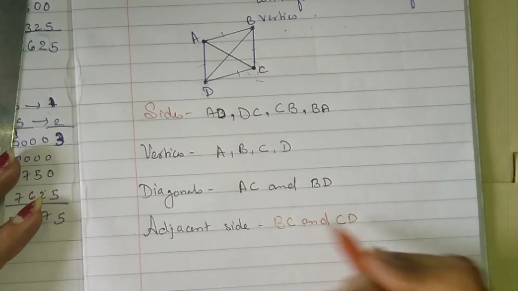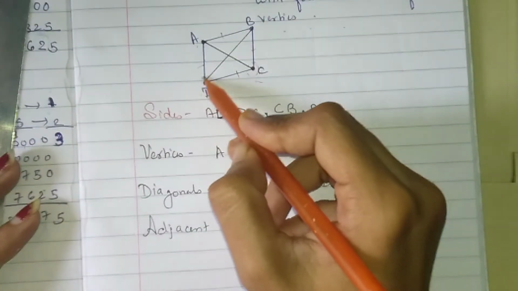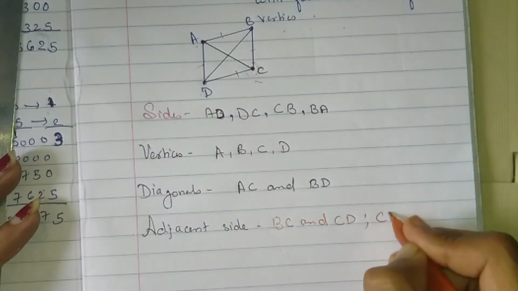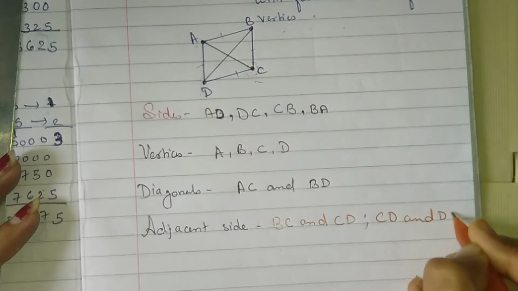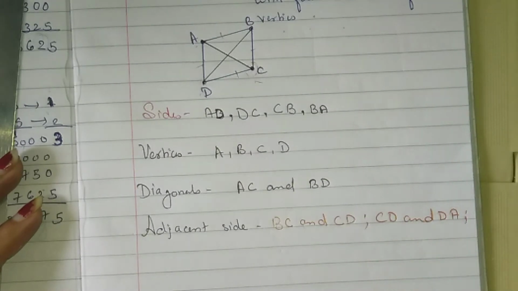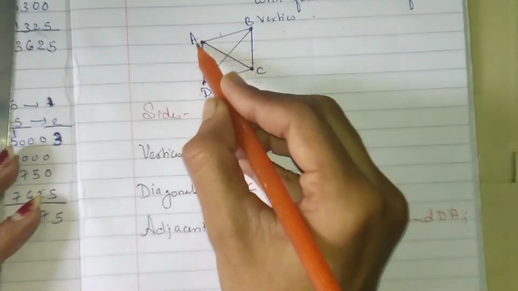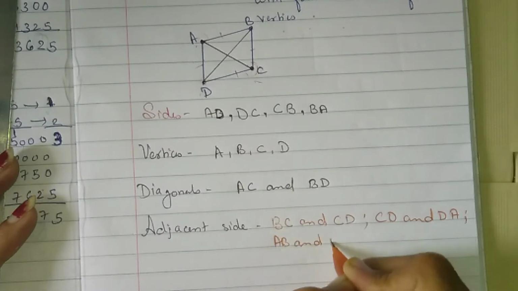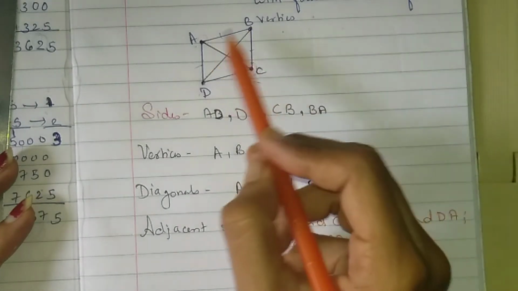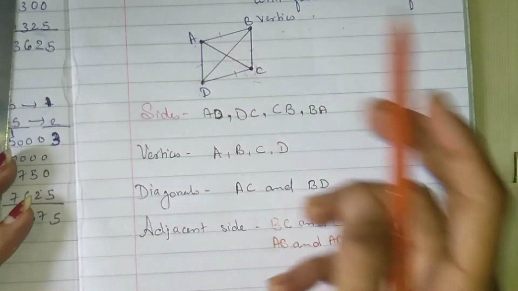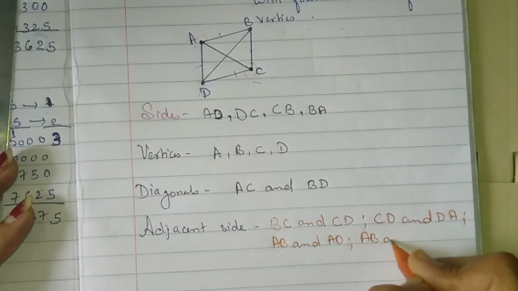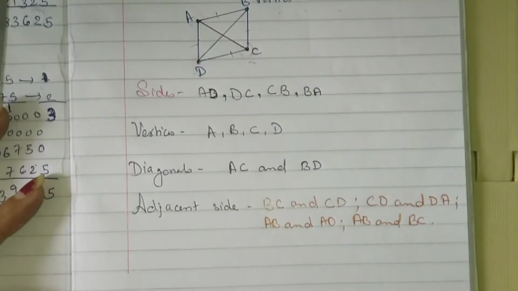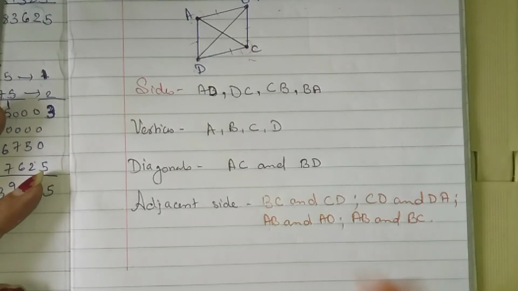If we take D common, then CD and DA. Another one, A common vertex, which is AB and AD. Another one, if we take B common, so AB and BC. They are the adjacent sides of the quadrilateral.